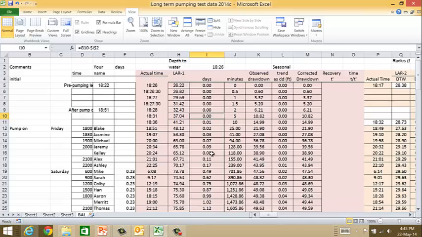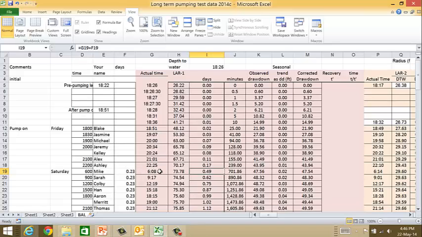That really just involves changing the format. But the thing that was important to do once you switched from Friday to Saturday was to add in the elapsed time in days that happened on Saturday.